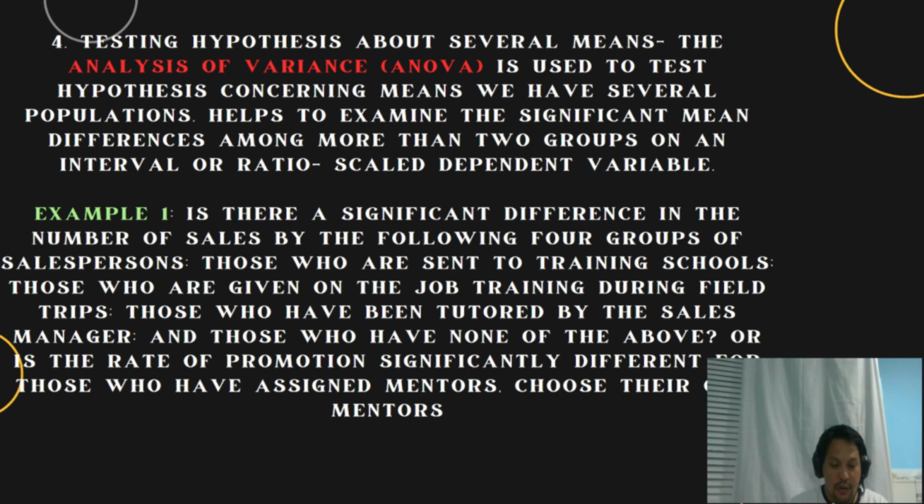It helps to examine the significant mean differences among more than two groups on an interval or ratio scale dependent variable. The first example is: is there a significant difference in the number of sales by the following four groups of salespersons?